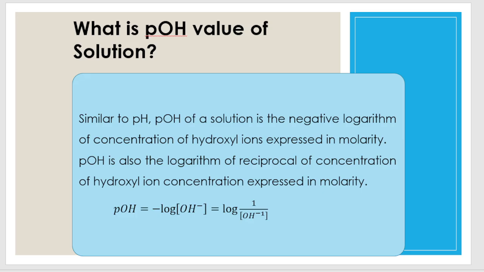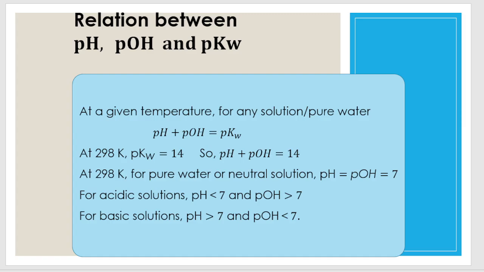This we already discussed. Suppose we consider the sum of pH and pOH, as we know already, it is equal to pKw, and that pKw value is 14 at 25 degrees centigrade, and hence acidic solutions have pH less than 7, basic solutions have pH greater than 7, and vice versa for pOH.